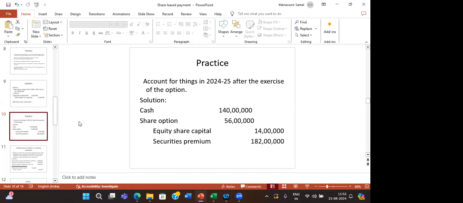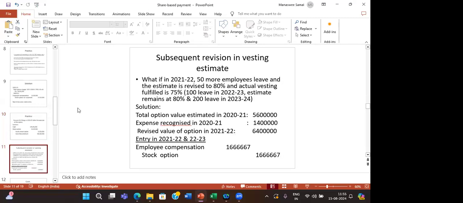But it's very unlikely that over the next 4 years, the expected number of 30% would remain unchanged at every year end. Then exactly 600 people would leave you as per your expectation. It's very unlikely situation. So we just bring in some kind of change into that estimation.